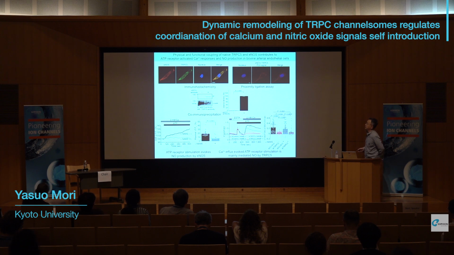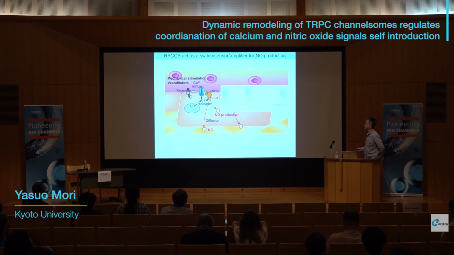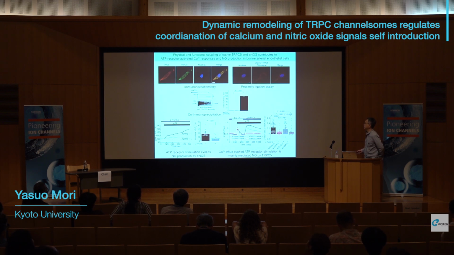And of course, in bovine arterial endothelial cells, vasodilator ATP receptor stimulation induces very nice nitric oxide production, which is inhibited by the eNOS inhibitor alanine. And most importantly, ATP receptor stimulation induced calcium influx activity was significantly suppressed by treatment with siRNA for TRPC5, which inhibits the expression of TRPC5.